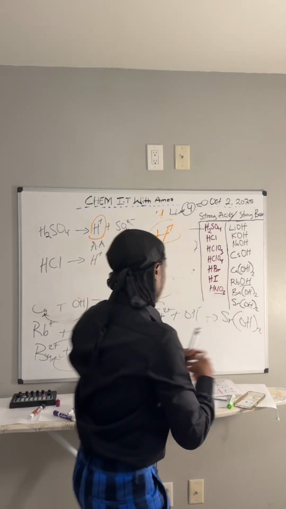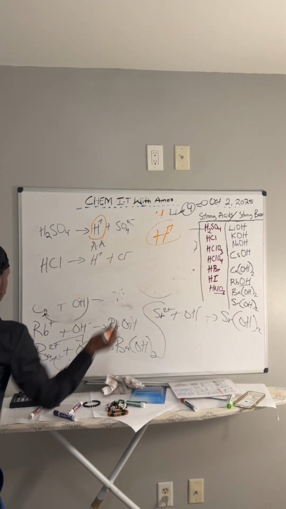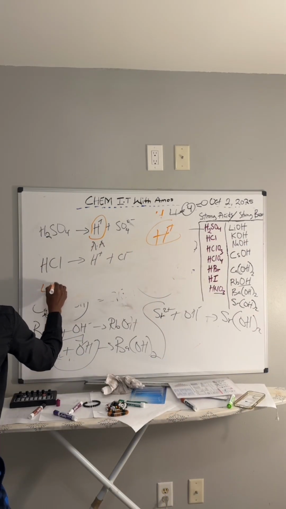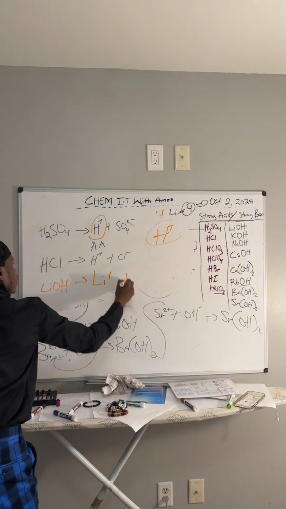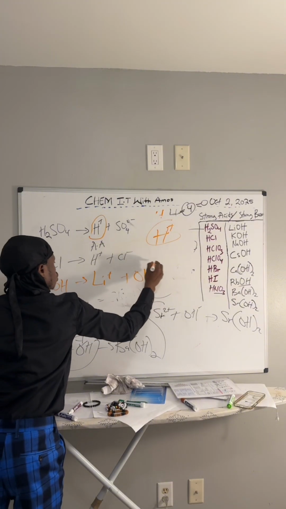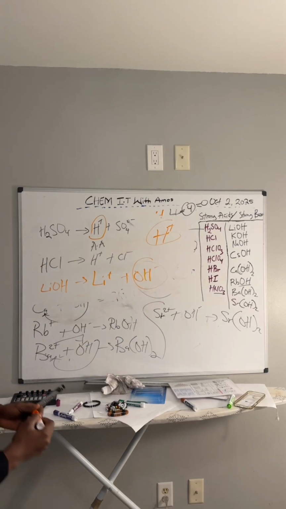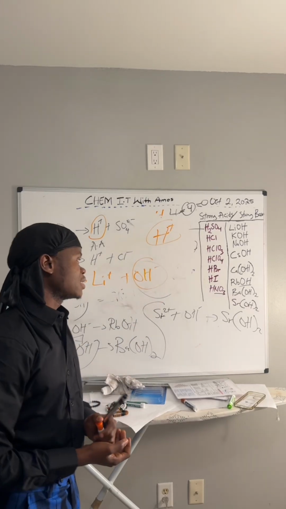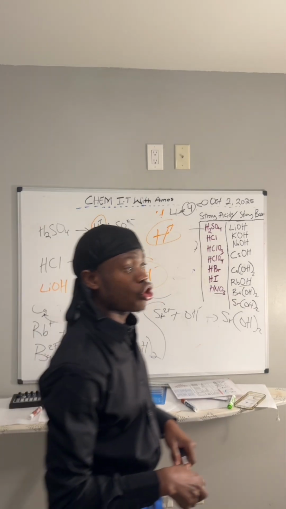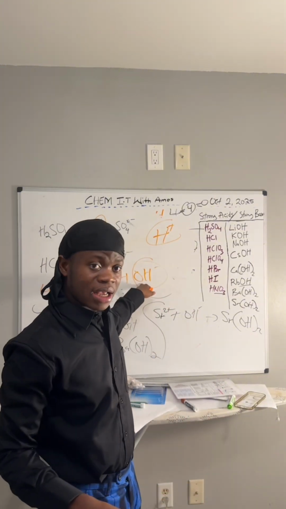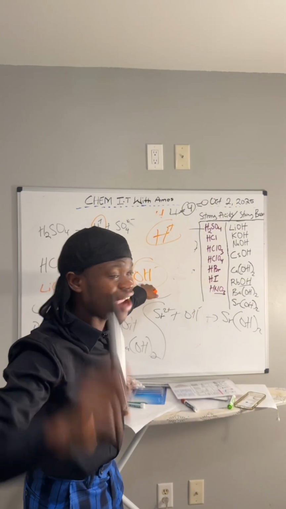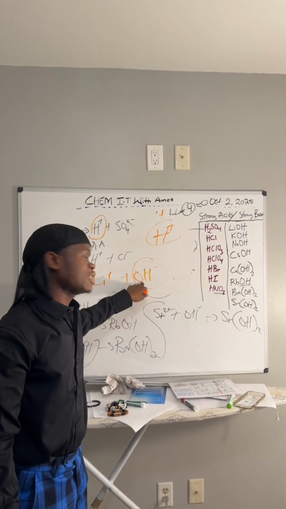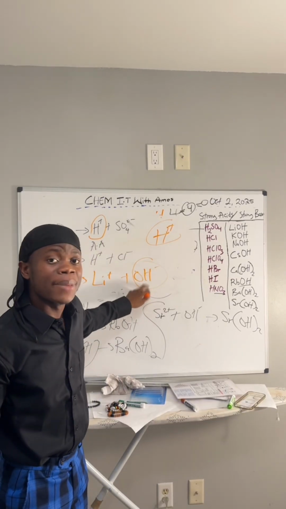Example, lithium hydroxide, LiOH. When we break it apart, we have Li plus and OH minus. So this becomes the hydrous base because a hydrous base is a base that increases the concentration of hydroxide ion in water.